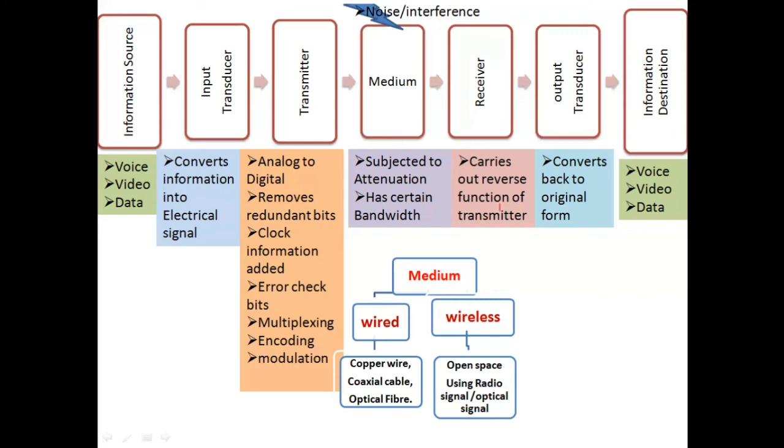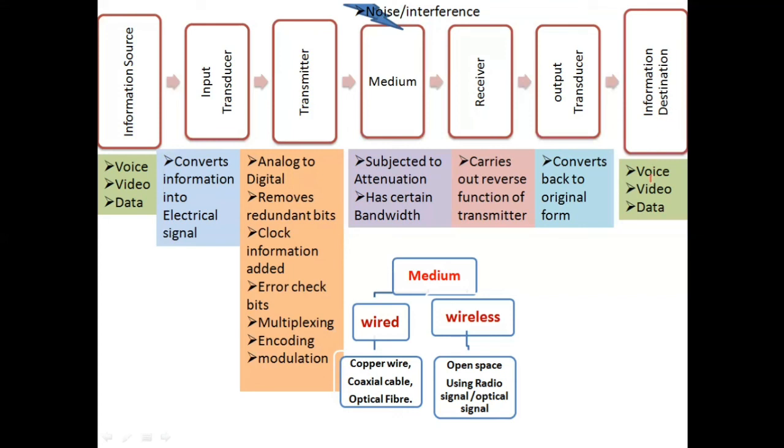If it is open space, first it is required to be demodulated, then demultiplexing is required, and decoding. Once it is demodulated, clock information is taken out from the data for synchronization of the receiver, and accordingly the digital signal is sent to the transducer for converting back to the original form that was transmitted by the source.